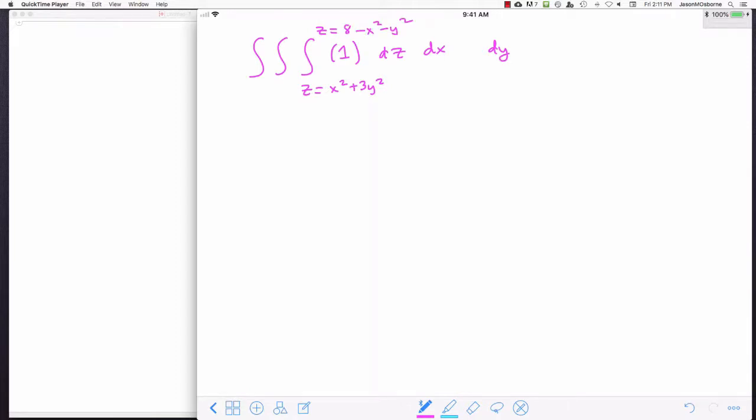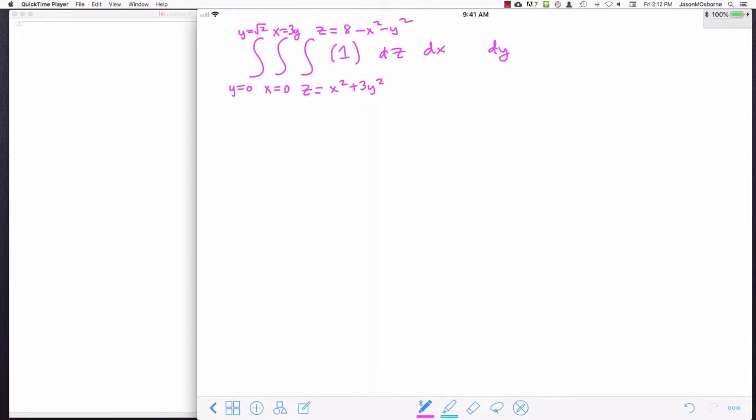And x goes from 0 up to 3y, and then y goes from 0 up to the square root of 2.